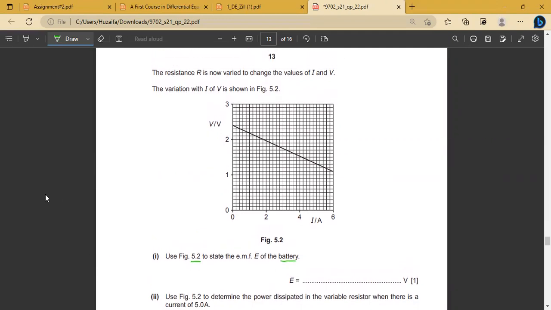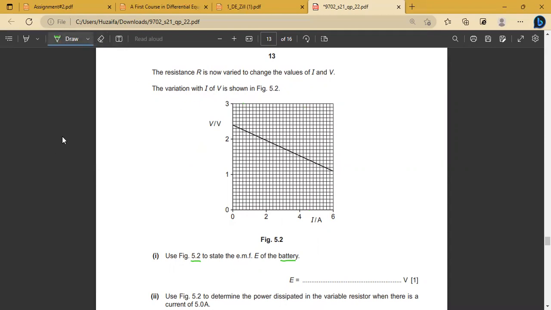I want to state the EMF of the battery by only using the figure. Can you tell me the EMF of the battery by looking at this graph?